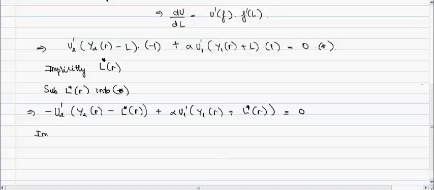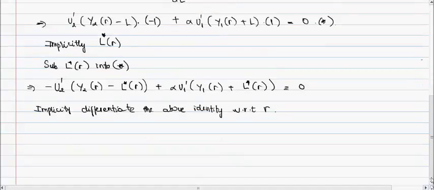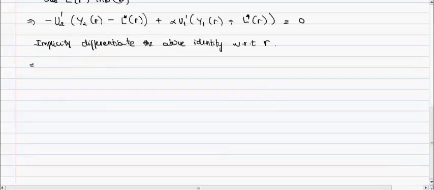So if I implicitly differentiate this function, the above identity, with respect to r, then I will be able to get minus u double dash 2.